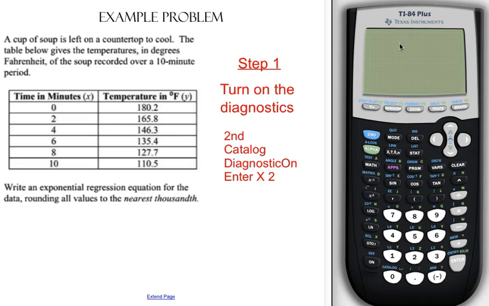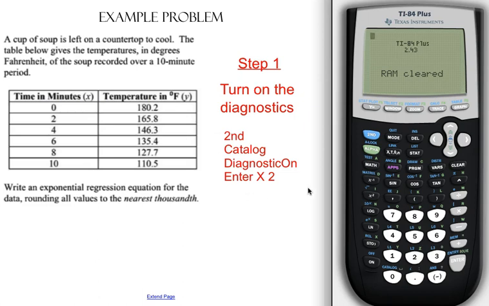So what we need to do here is go to our handy dandy TI-84, and we're going to go through the steps of making an exponential regression. These steps are at the bottom of your notes page, so don't feel like you have to write them down as we go. I just want you to see how to do this.